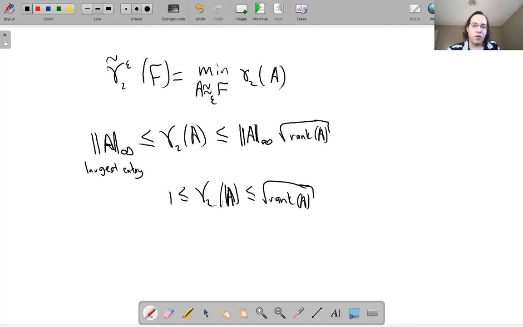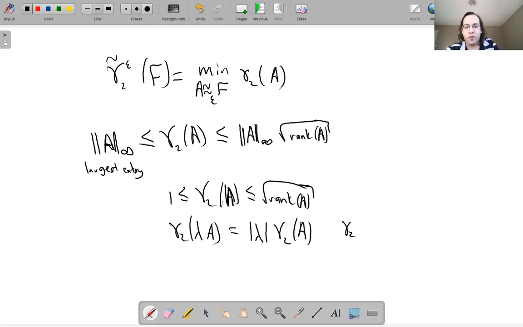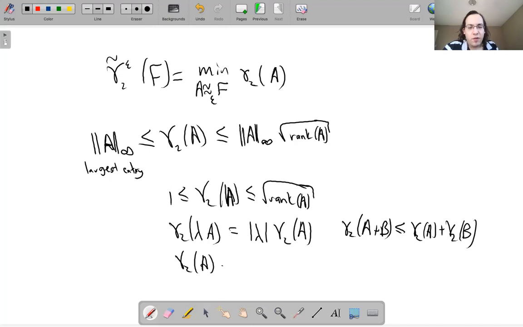Okay, and gamma 2 norm, well, again, it's a norm. So gamma 2 of lambda times A, where lambda is a scalar, is equal to the absolute value of lambda times gamma 2 norm of A. And also gamma 2 norm of A plus B, if these are two matrices, is at most gamma 2 norm of A plus gamma 2 norm of B. And finally, if gamma 2 norm of A is 0, then this is equivalent to A being the all 0 matrix.